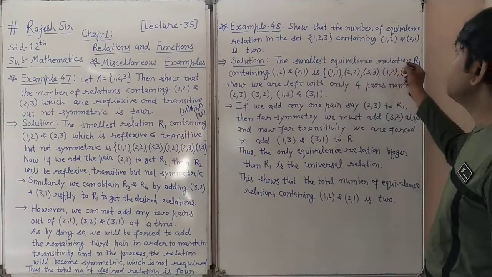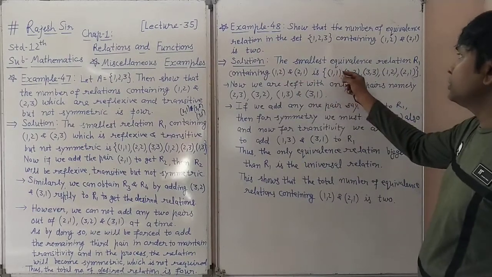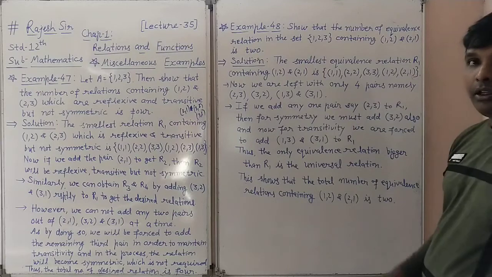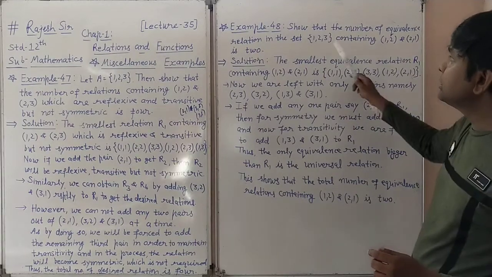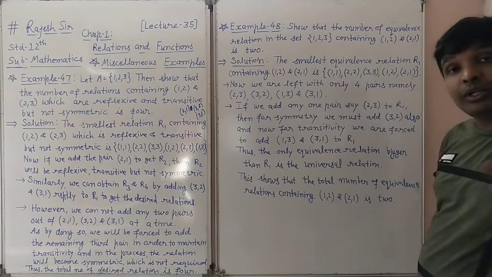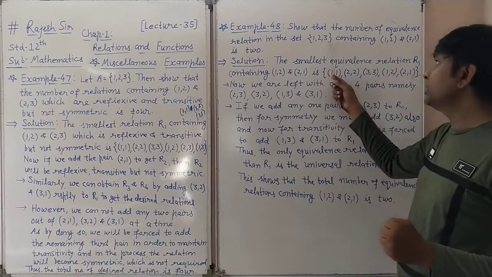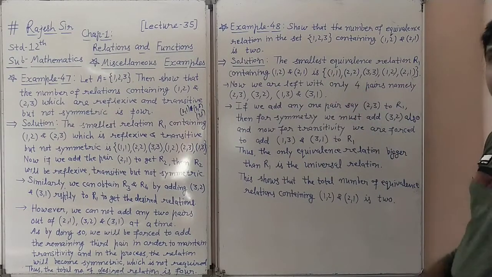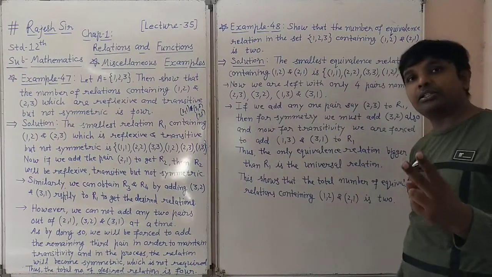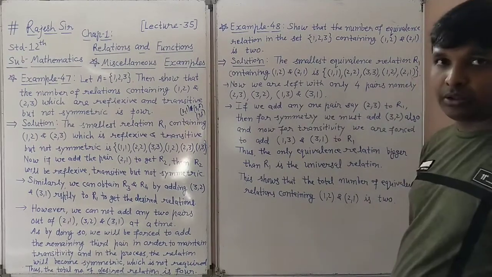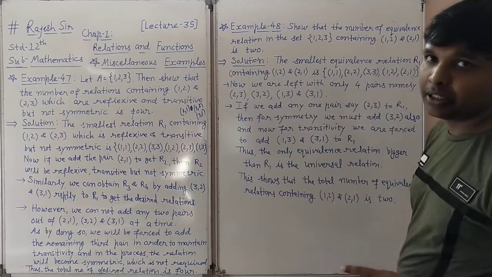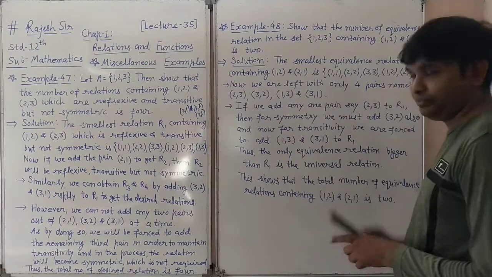So show that the number of equivalence relations in the set 1 2 3 containing 1 2 and 2 1 is 2 only. If you want to form the equivalence relation from this set 1 2 3 and it must contain 1 2 and 2 1, then only 2 relations you will get.